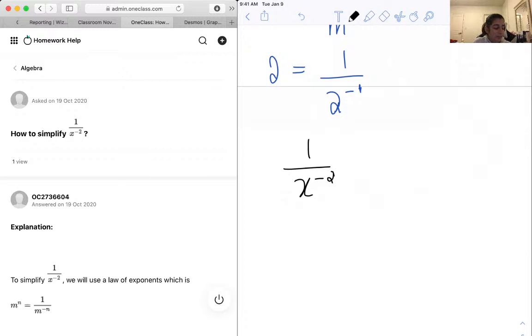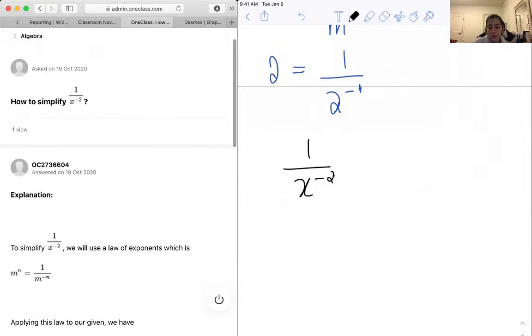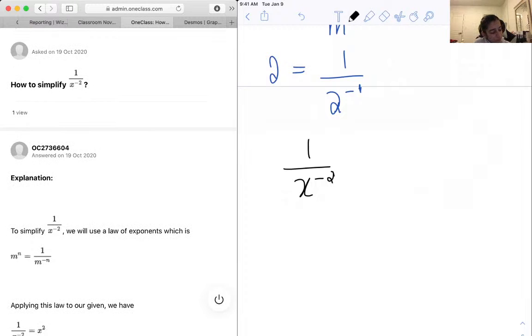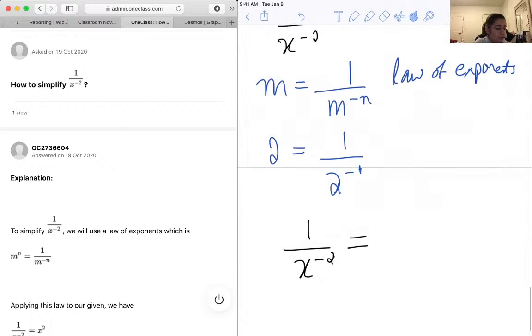So you take it from the denominator to the numerator, using this law of exponents, and this would equal x to the power of 2, right there.